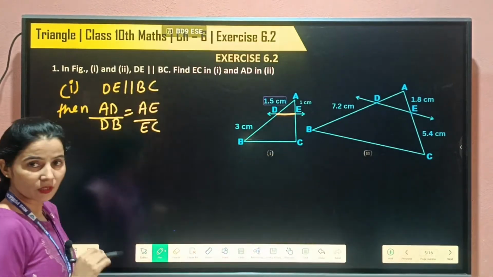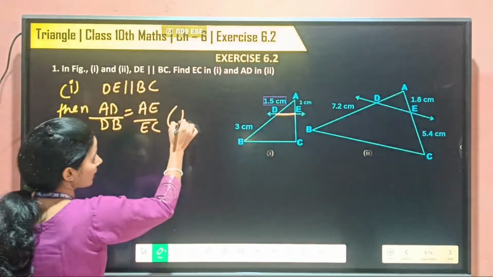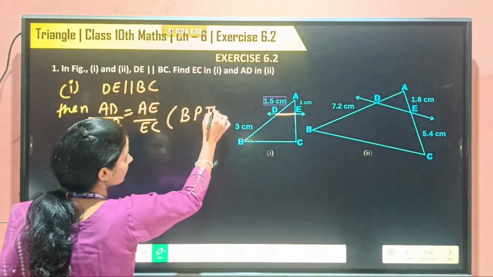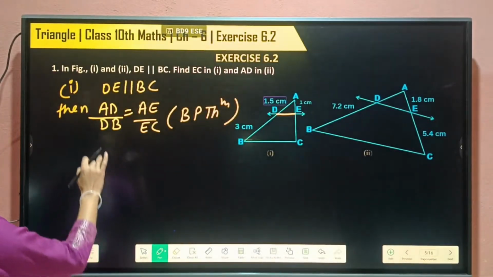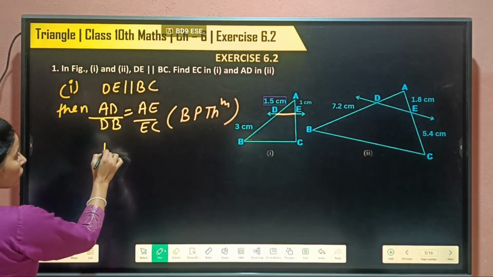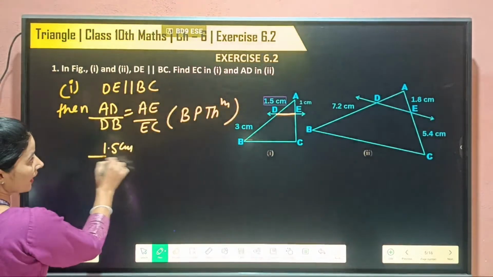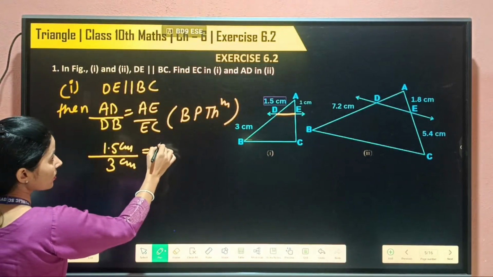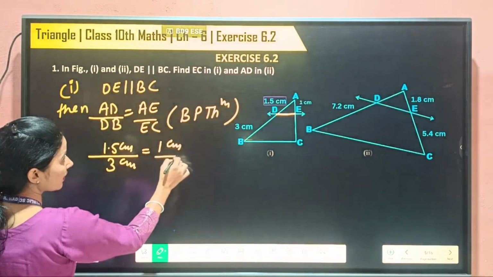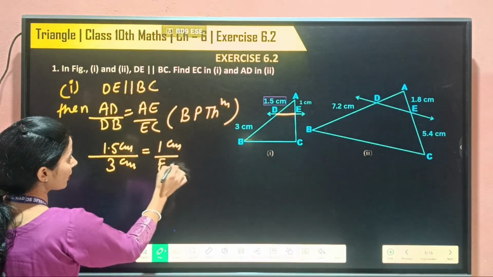This states the basic proportionality theorem. Why are we writing it? Using the BPT theorem. Now this AD is given to us 1.5 centimeter and this DB is 3 centimeter. This AE is 1 centimeter and this EC we need to find out.